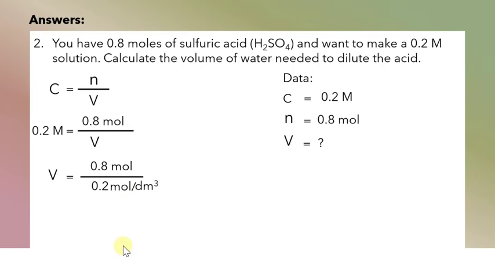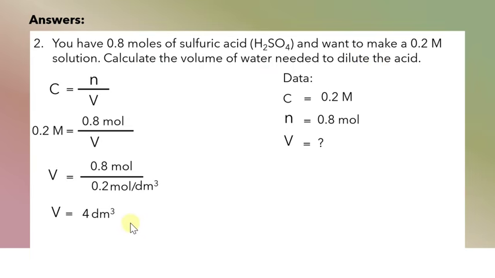Okay, then volume is now going to be, so we'll divide 0.8 divided by 0.2, we get 4. Then this mole and this mole will cancel, we will remain with decimeter cubed. So meaning the volume which is needed is 4 cubic decimeter, because they said calculate the volume of water needed to dilute the acid. So this is the volume.